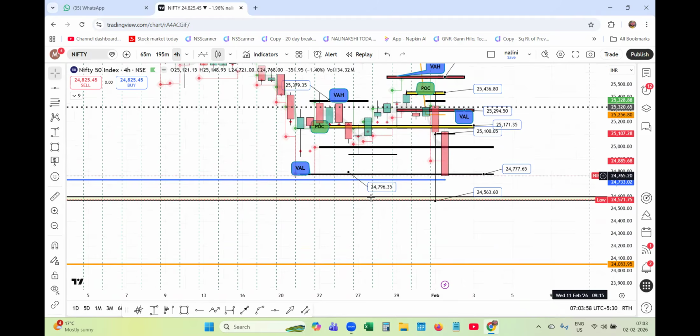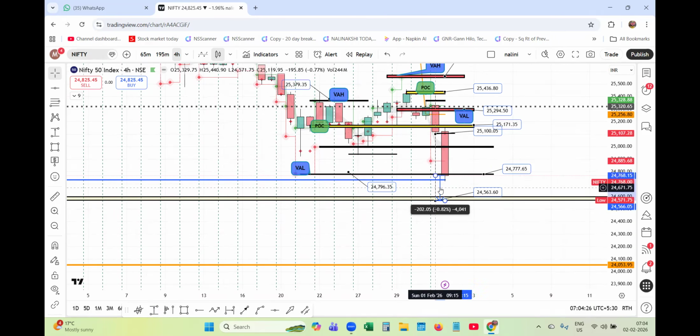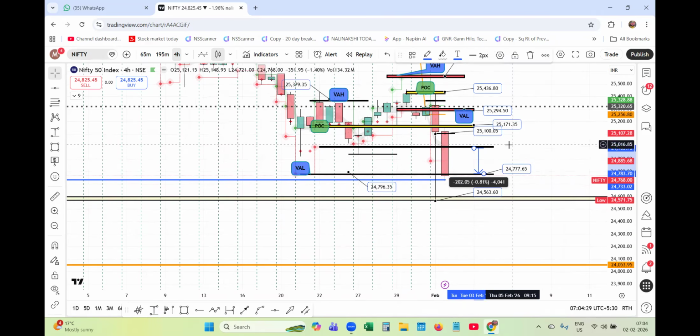From 24,918, the range of fall was 217 points, and 202 points have been recovered. Another two we can anticipate for a measured move of recovery, which comes to 24,988.